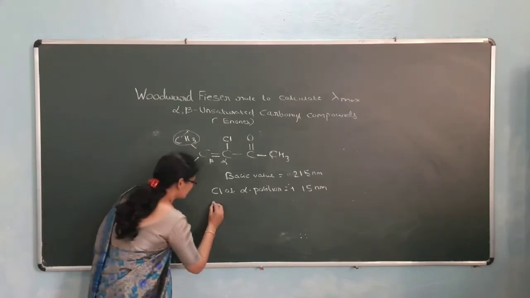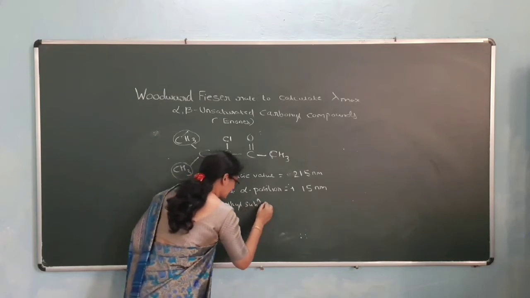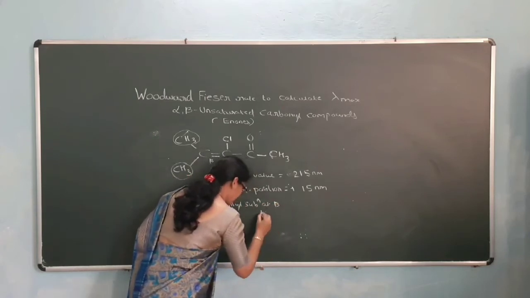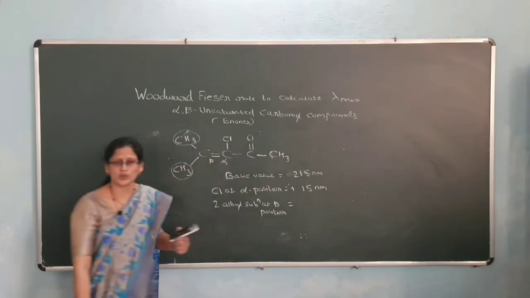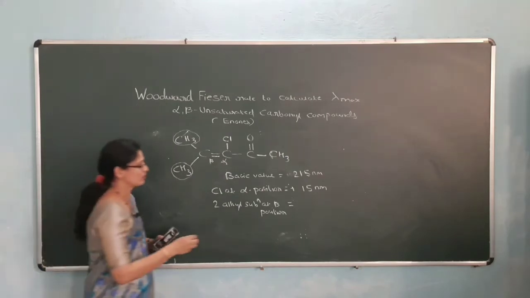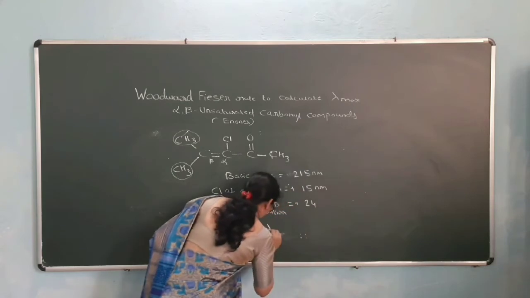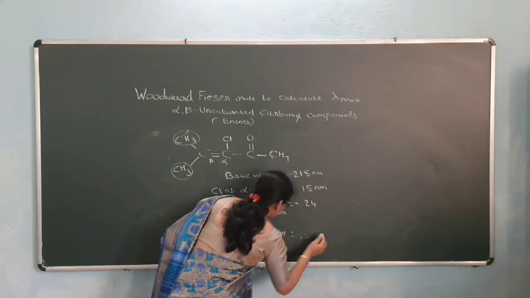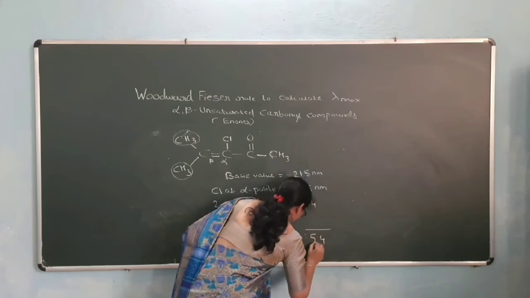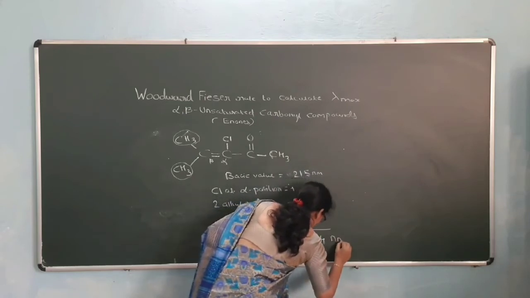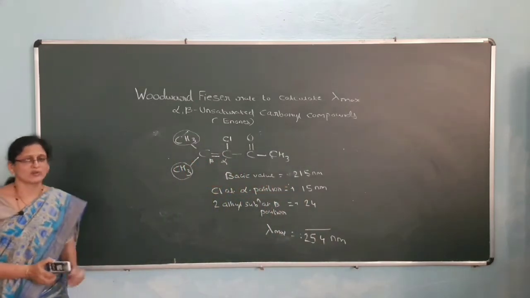So for one substituent 12, 12 into 2, 24, plus 24. Okay, then total lambda max is equal to 254 nanometer.